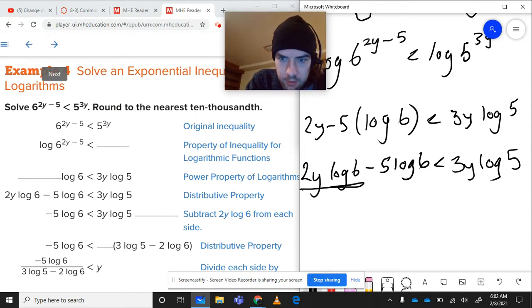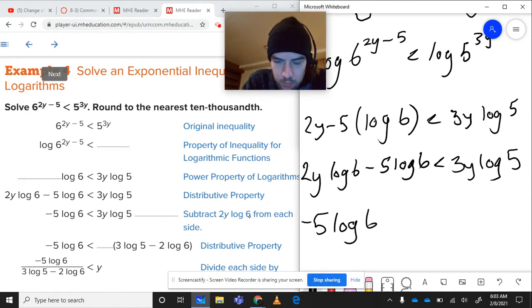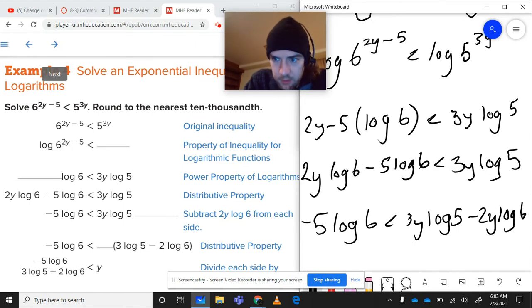So we subtract this whole thing off of the left side, and we subtract that much from the right side. So we are going to have negative 5 log 6 remaining on the left, and on the right we'll have 3y log 5 minus 2y log 6.